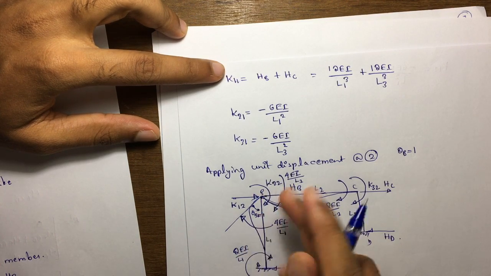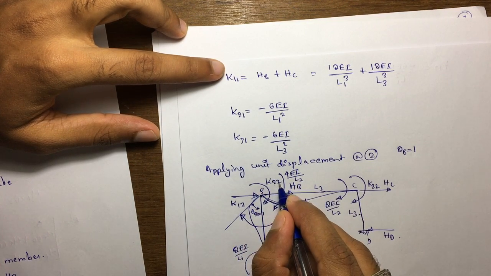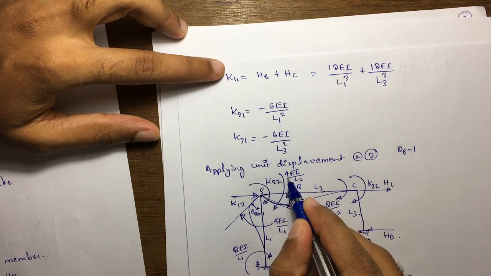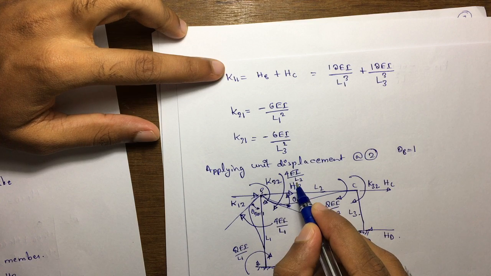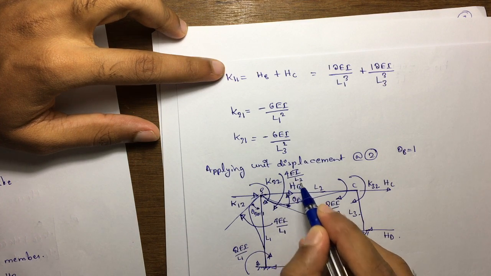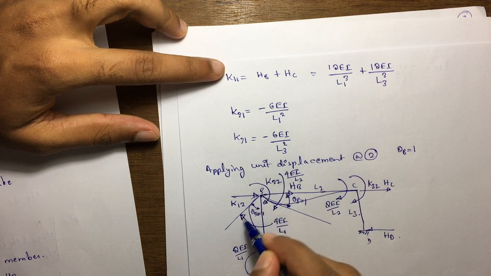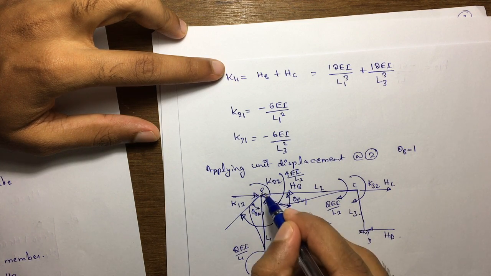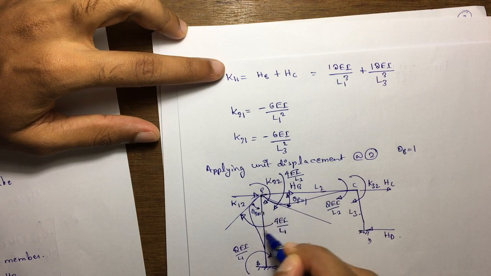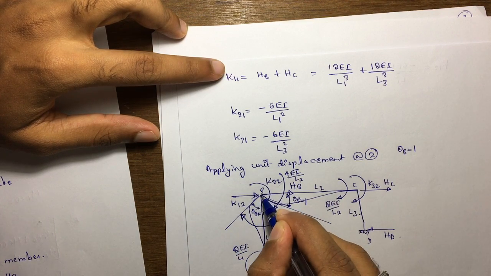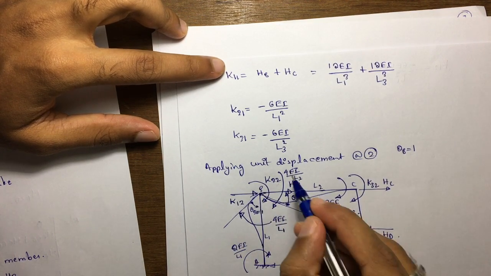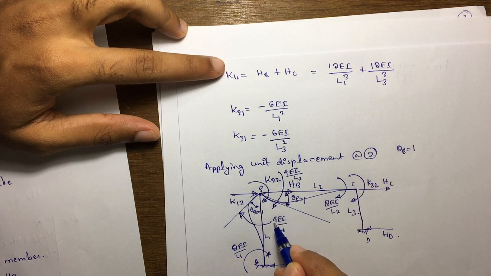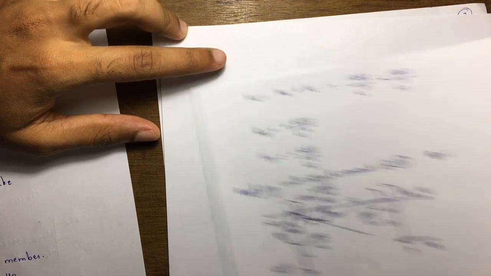Moment or force at 2 due to unit displacement at 2, that is k22, is equal to 4EI divided by L2, plus one more moment acting at the same point. If I see, this one is also clockwise about point B, therefore 4EI divided by L2 plus 4EI divided by L1.